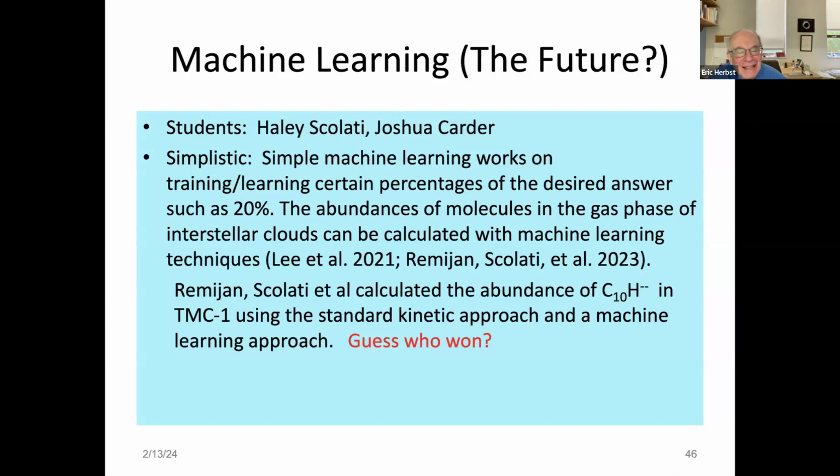And there was a contest we had about two years ago about trying to make a model by the standard method, our kinetic method, building up to form C10H minus, one of these carbon chains with a negative sign. That was done by my students, and they used the machine learning business. It was about a tie.